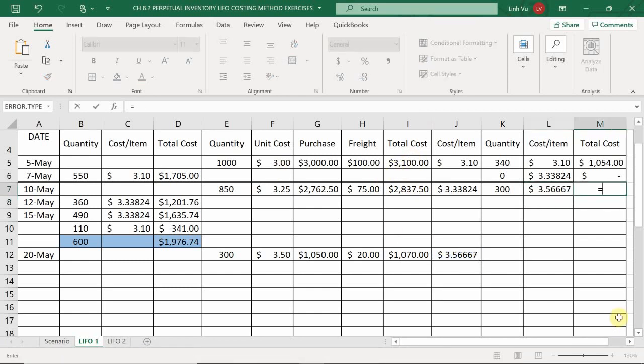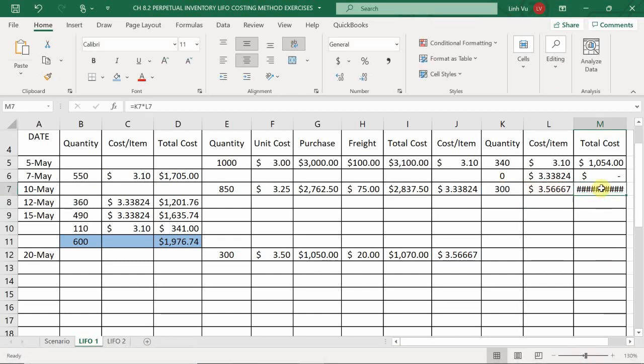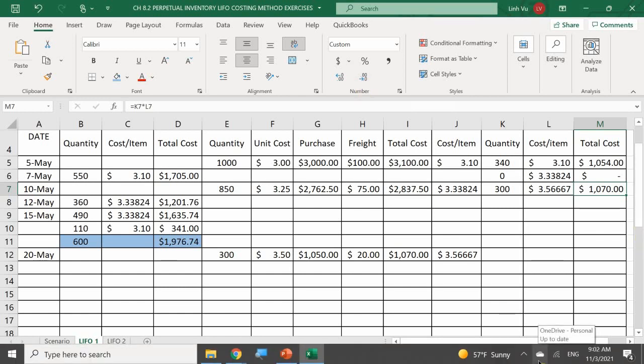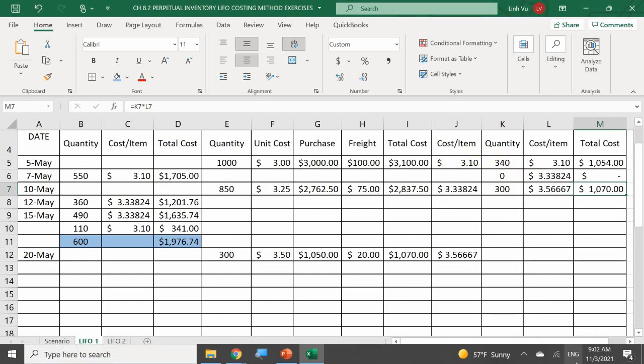So at least I know that my second batch of inventory is no longer there. Therefore, I cannot go back to my second inventory because I don't have any inventory there. I only have my third batch and my first batch of inventory. At least this gives me an indicator that I don't have this anymore. This is what I mean by weaving in and out through the purchases and batches of inventory.